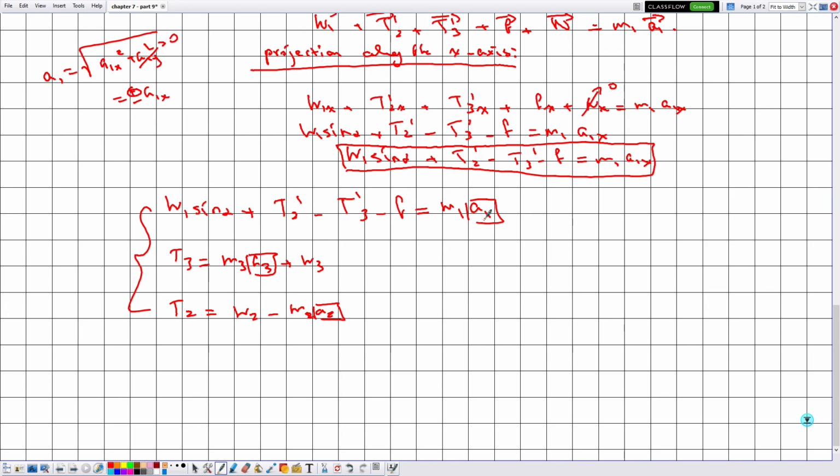So now we can pose the following constraints: a1 is equal to a2 is equal to a3, and T2 is equal to T2 prime, and T3 is equal to T3 prime, and this is because all chords are inextensible.